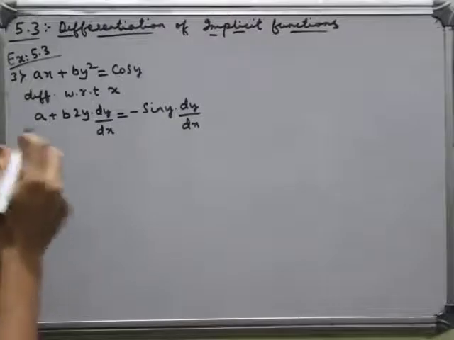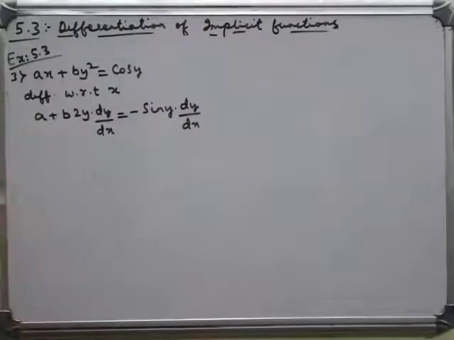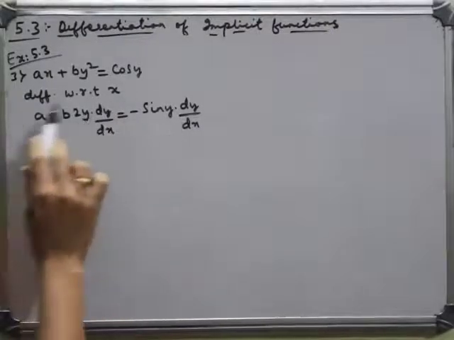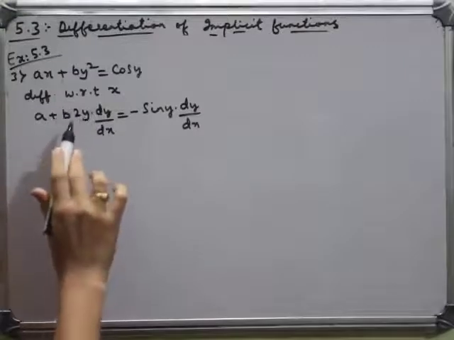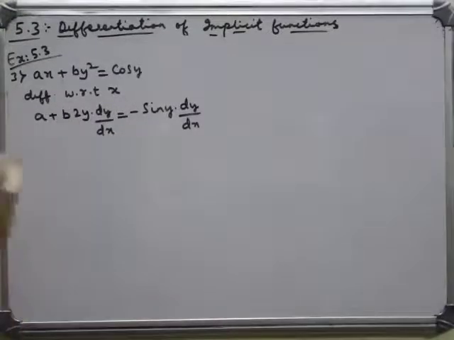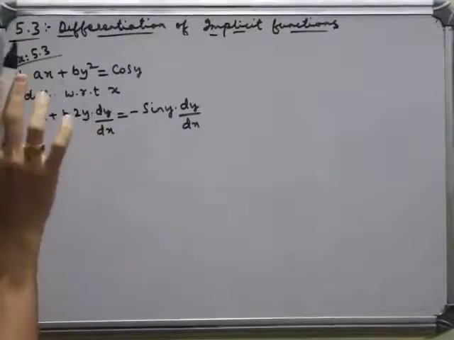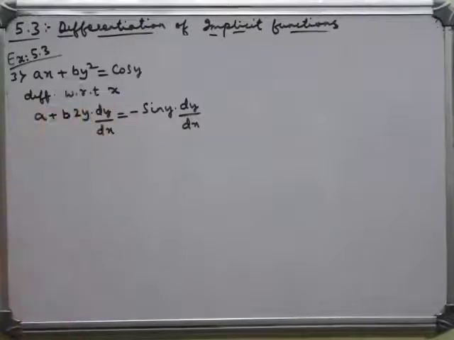Next step. As you know, what we have to do here is rearrange the entire terms. Okay, separate the dy by dx terms from the other terms. Here the other term I mean is a. This one we'll take here and we'll send this to RHS.